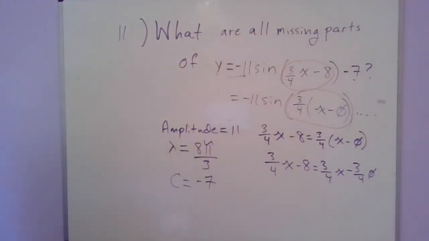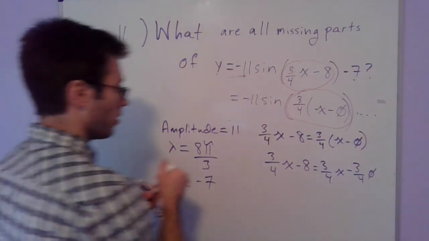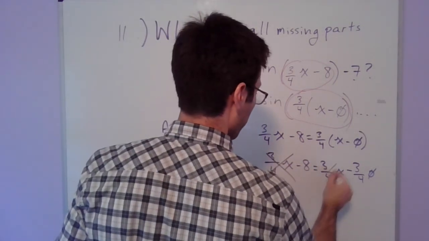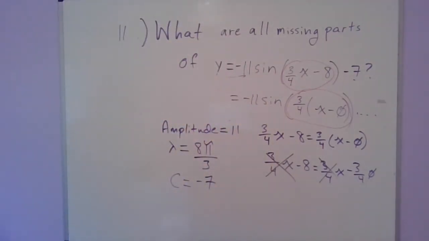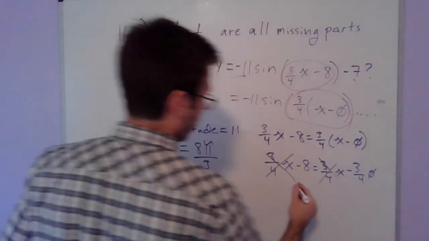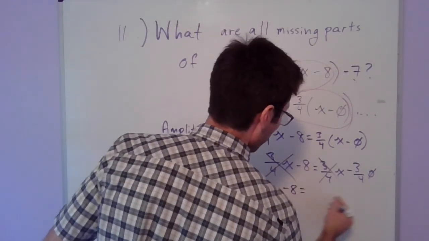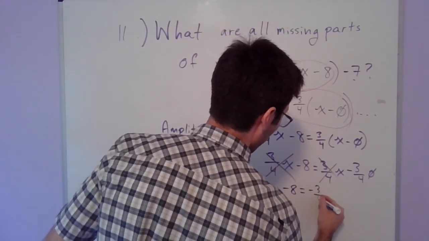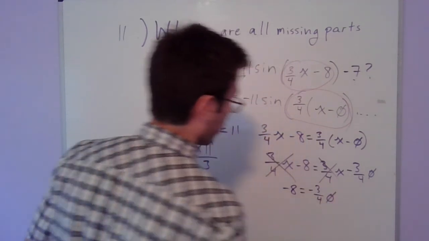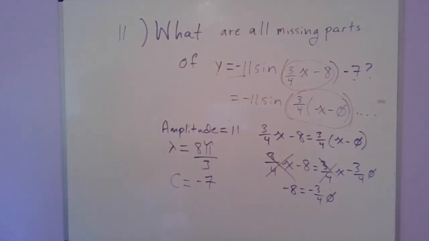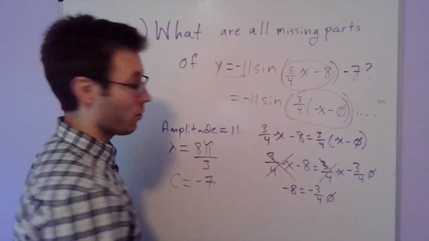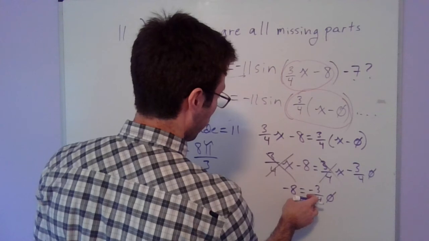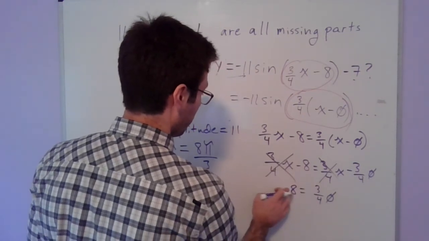Law of fractions. These terms here cancel out when you subtract them on both sides. Let's clean up this mess. So negative 8 is equal to negative 3/4 phi. I don't like dealing with negatives, so let's get rid of them. I'm just multiplying both sides by -1. The negatives are gone.